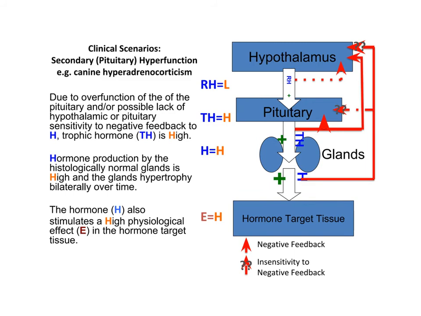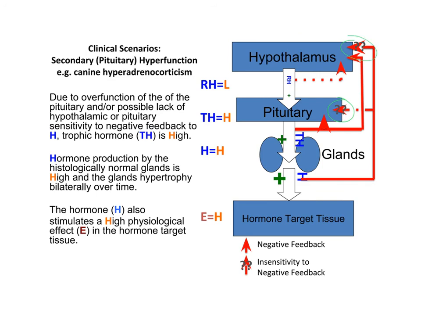Okay, let's take a look at the final scenario of secondary or pituitary hyperfunction. And this is where there's an overfunction of the pituitary, such as a tumor, an adenoma, or carcinoma, or the possibility that there is an insensitivity, as shown here, of negative feedback at either the hypothalamic or pituitary level.